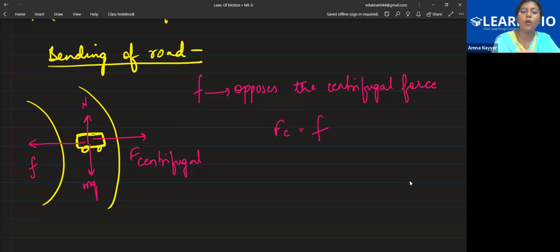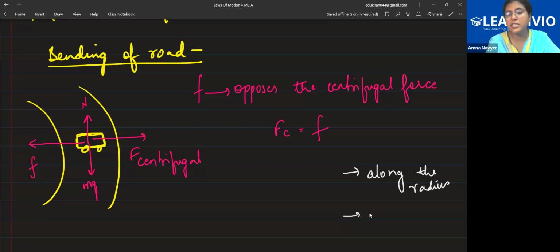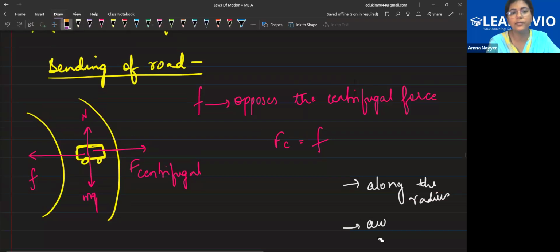Now, out of all these, what do we have to check? We have to check which force is acting along the radius and towards the center, not away.